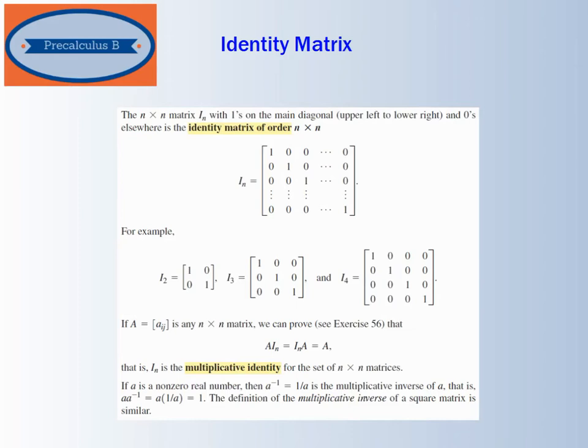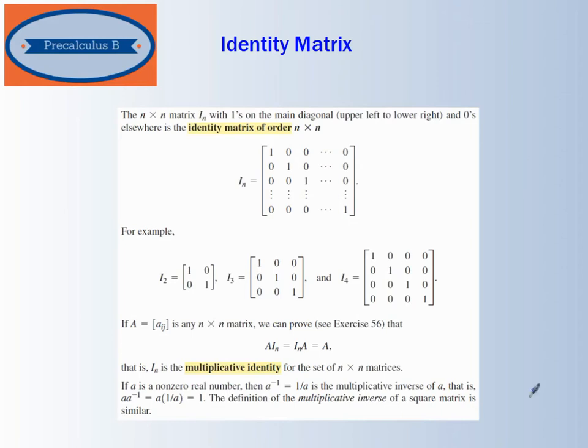Multiplying times 1 is the identity for multiplication. The identity matrix is what we multiply times a matrix to have the result be the exact same matrix. So if we have a non-zero matrix and we multiply it by the identity matrix, we're going to get that same matrix.